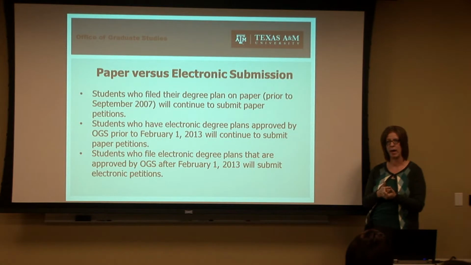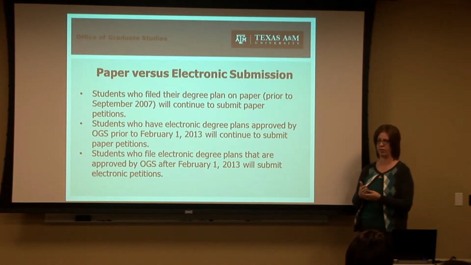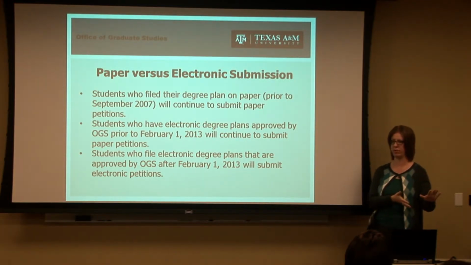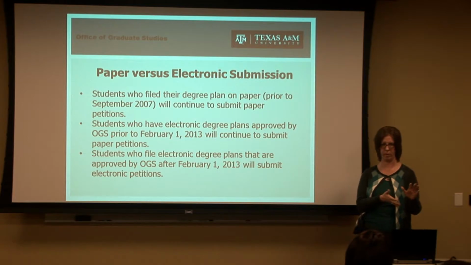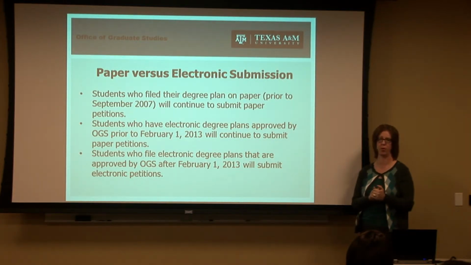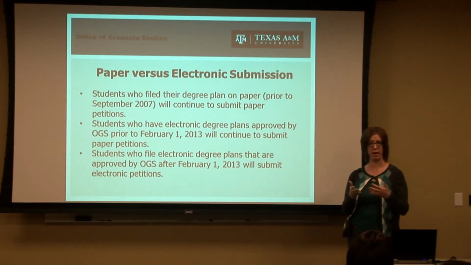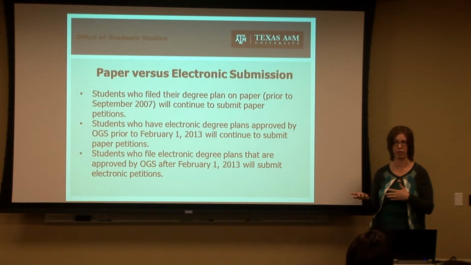So for today, if a student has an approved degree plan on file prior to February 1st of 2013, they need to continue submitting paper petitions. Okay? If they have a degree plan that was approved by the Office of Graduate Studies after February 1st of 2013, then they'll be able to do everything in the electronic system.